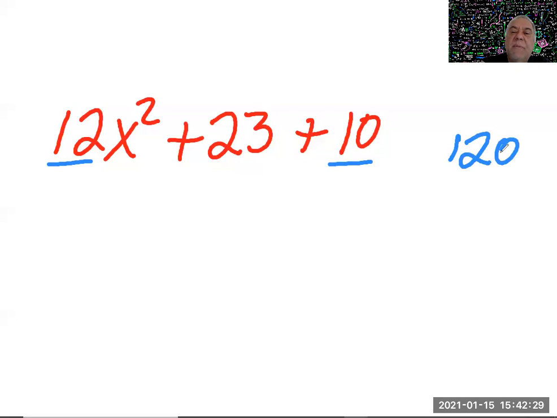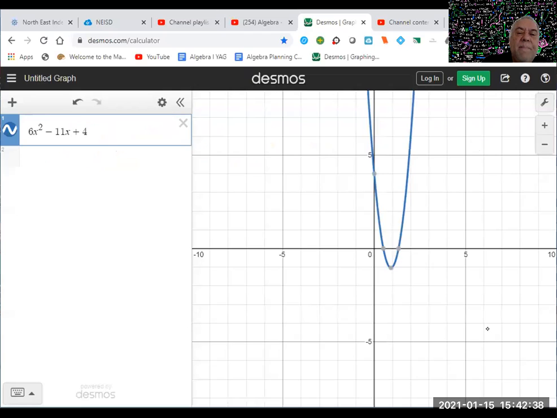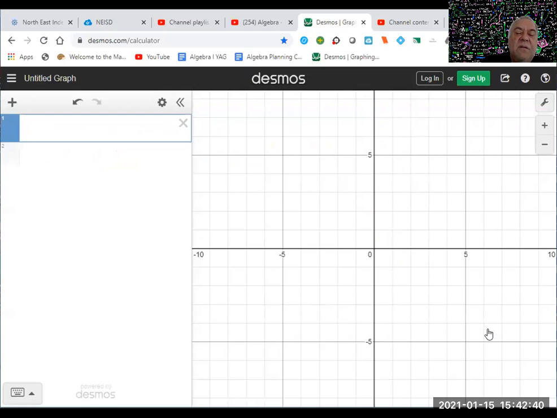Well, let me show you something here that might help. I'm going to go to Desmos, and I'm just going to write in y equals 120 divided by x.